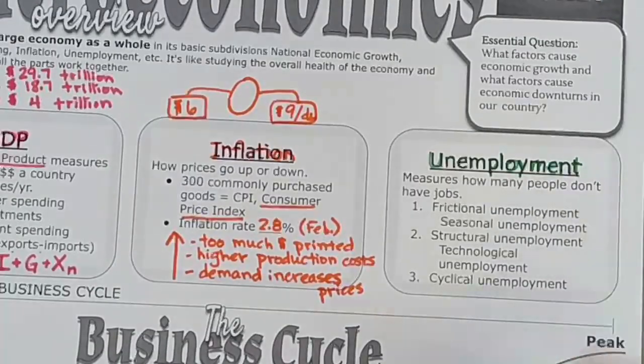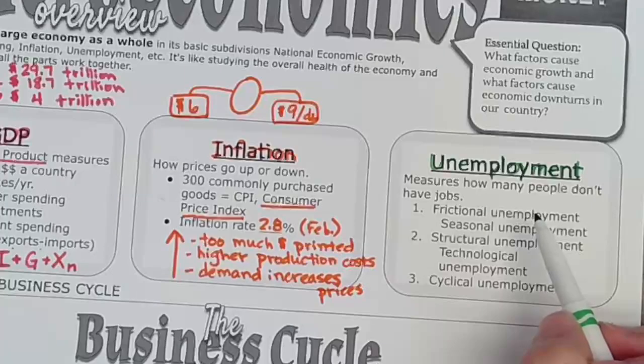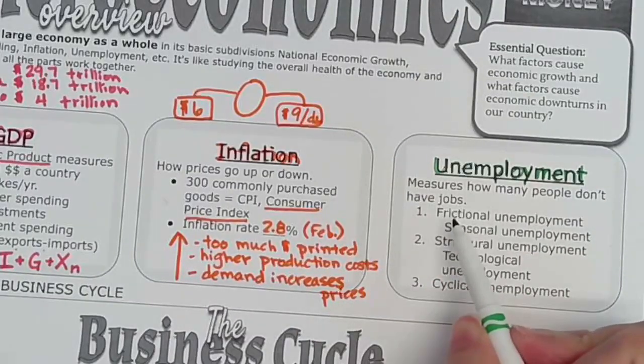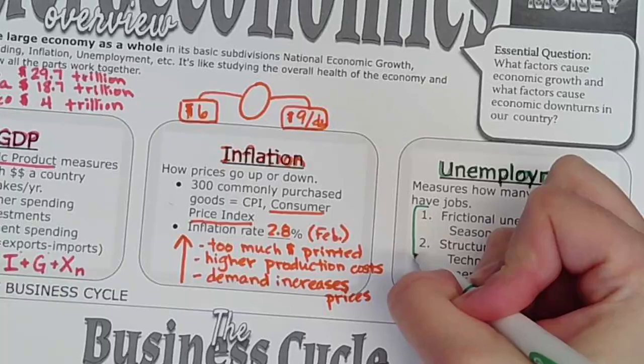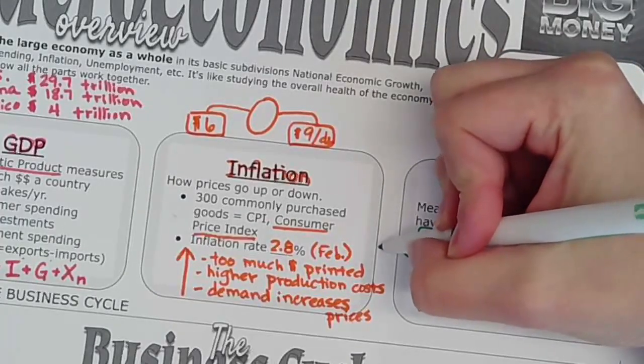Okay. This is our measure of how many people don't have jobs, and specifically people who are looking for jobs, people in the labor force. Okay, we have 2 types of unemployment that are natural, these two, 1 and 2. So I'm going to label them off to the side over here, that this is natural.